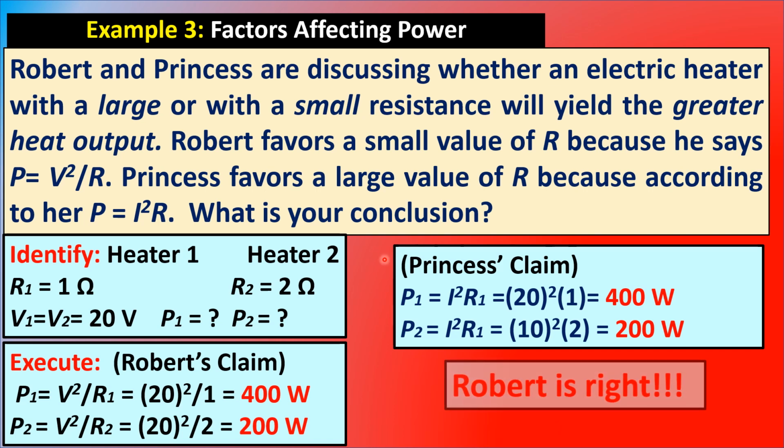You know what the scientific basis is that can be cited for why Robert's claim is correct? It is the fact that both heaters will be connected to the same power supply whose voltage is the same, such as what we use here, 20 volts.